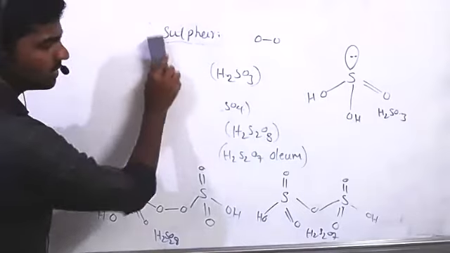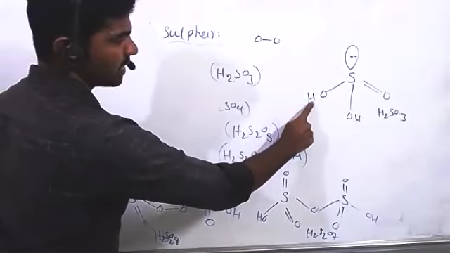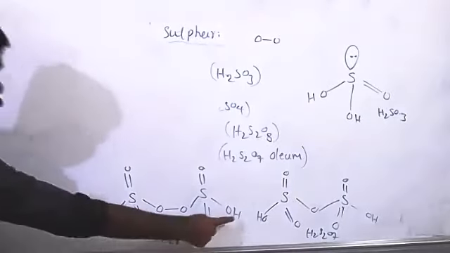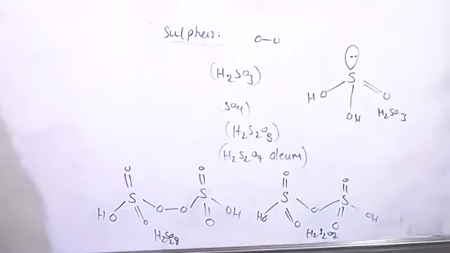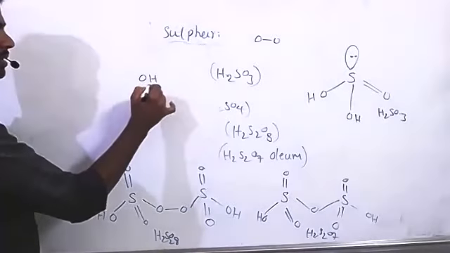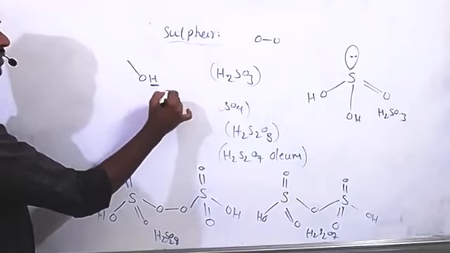All these acids are able to provide only 2 H+ ions. In H2SO4, this and this hydrogen; here also this and this. In oxo acids of any element, wherever OH is there, that hydrogen is able to be donated as H+.